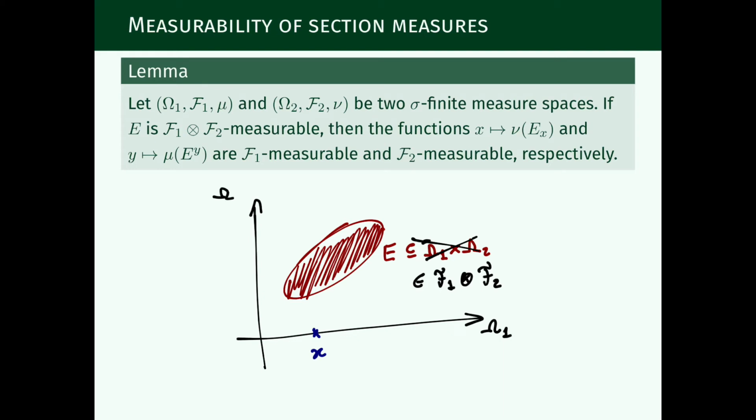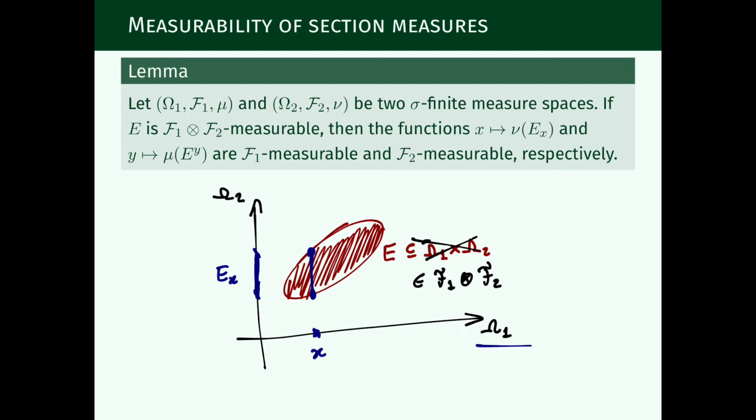And what we have seen already is that once we fix x, any point in the first sample space, then the set that we get in the second sample space that we call Ex, this is measurable.